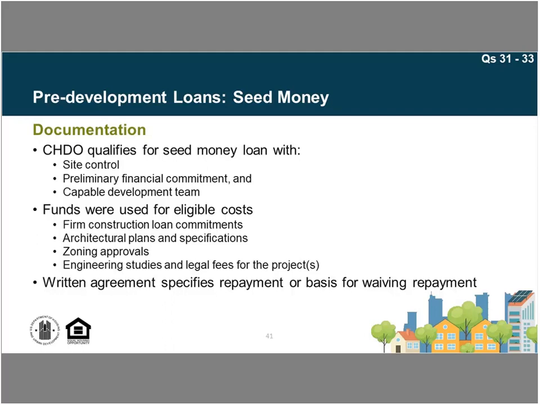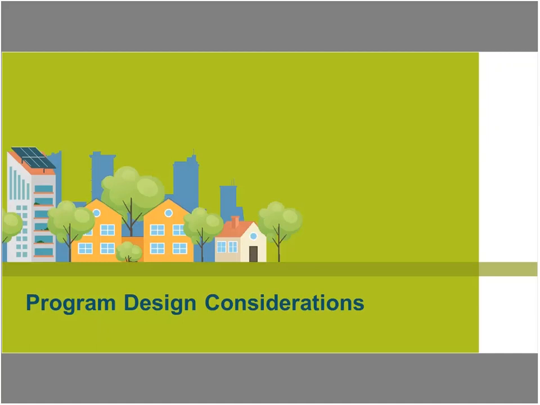If we had a project that was determined not to be feasible after they had gone through this process, then we would also expect to see documentation in place on what the basis was for waiving the repayment of those loan funds.